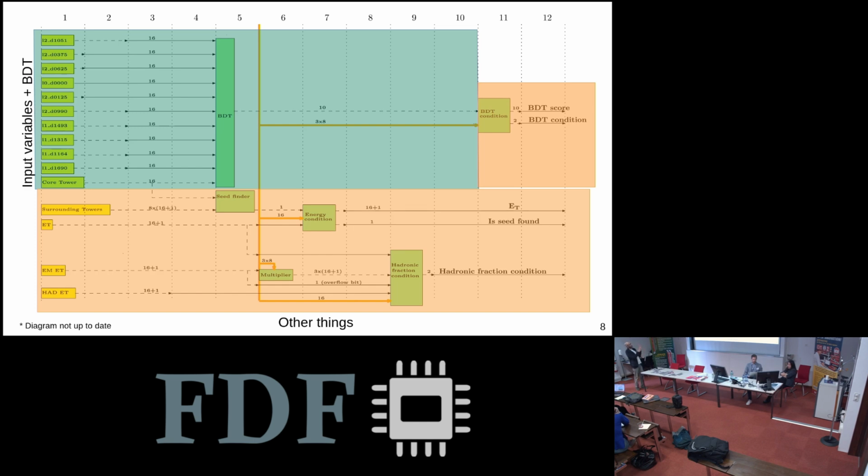The bottom orange box is done completely in parallel. It's not related to BDT evaluation in any way. And the right box takes the BDT score and compares it against a threshold. So this is how the algorithm looks, and the HLS-generated part sits in this BDT box there.